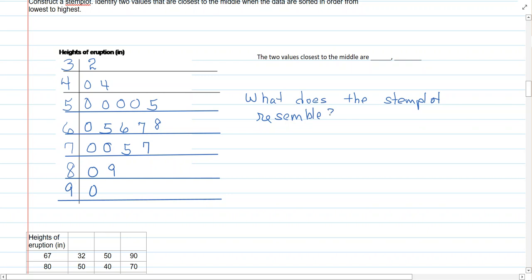Well, what does it resemble? Well, we can see that it goes low, reaches a peak, and goes back low. So it's pretty much a normal distribution, approximately.